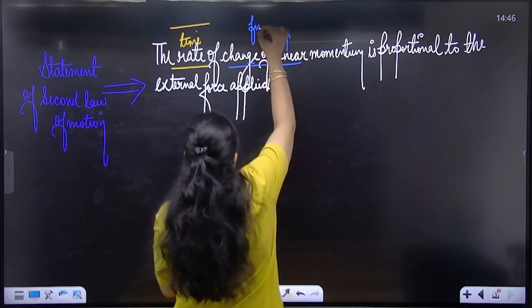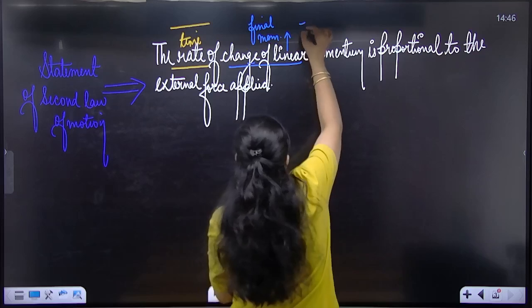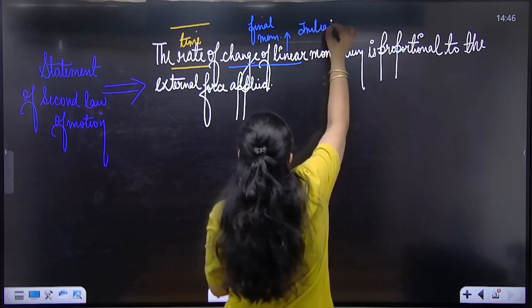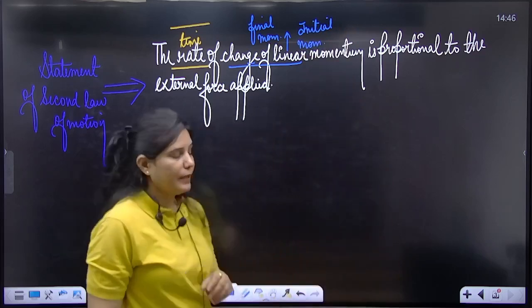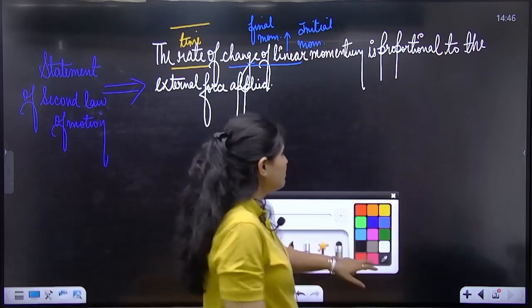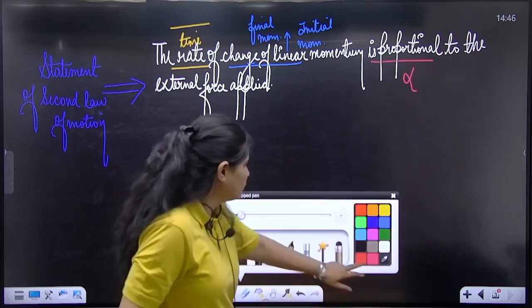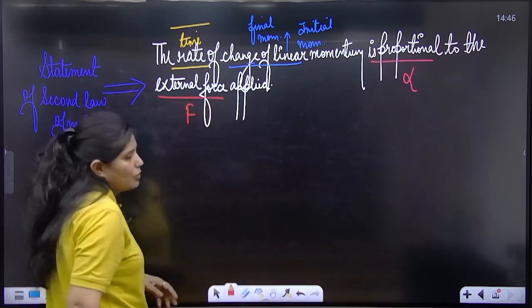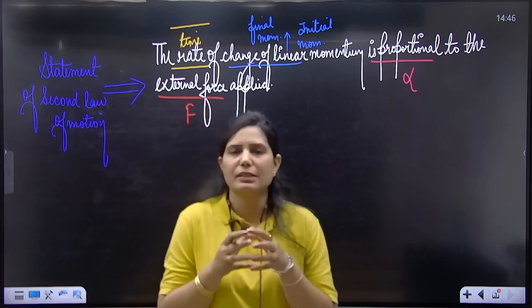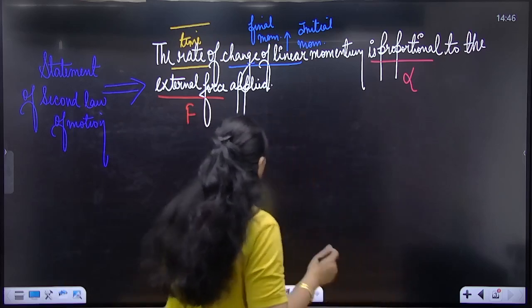One is the final momentum and the other one is what? Initial momentum, right? Proportional, the symbol for proportionality is this. And for the external force, we will use this F.